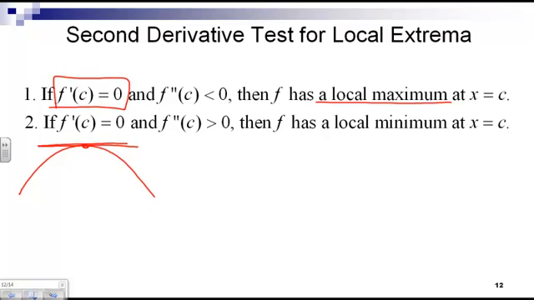If I've got concave up and a horizontal tangent, that combination has to mean a local minimum. Or, as you might guess, because f prime of 3 is equal to 0 and f double prime of 3 is greater than 0, that means local minimum. We're going to translate that into a justify or explain on the AP exam as well.